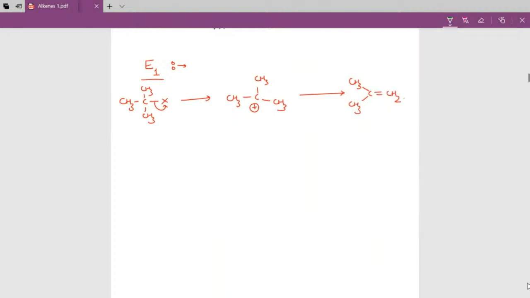Out of these two, this step 1 is acting as RDS. This step 2 may decide the yield but will not control the rate.